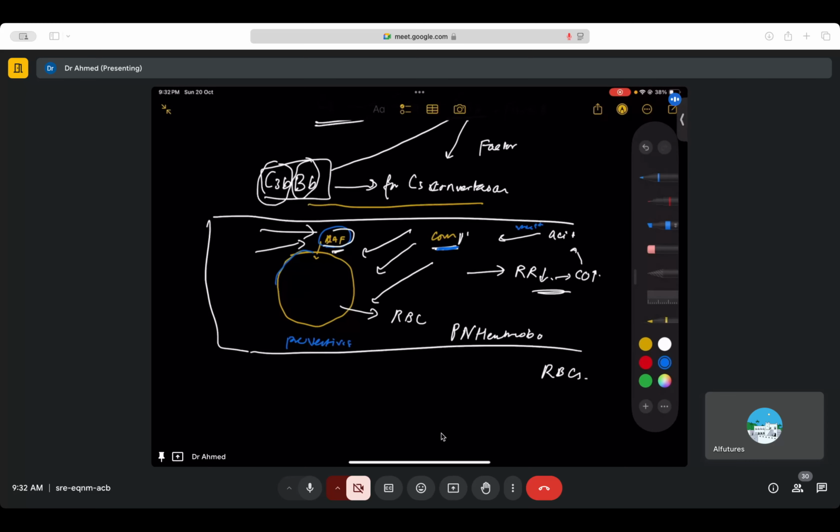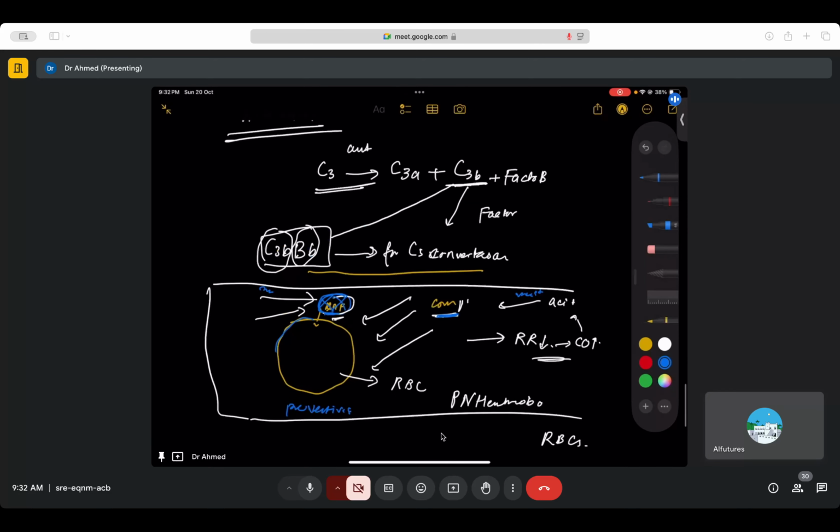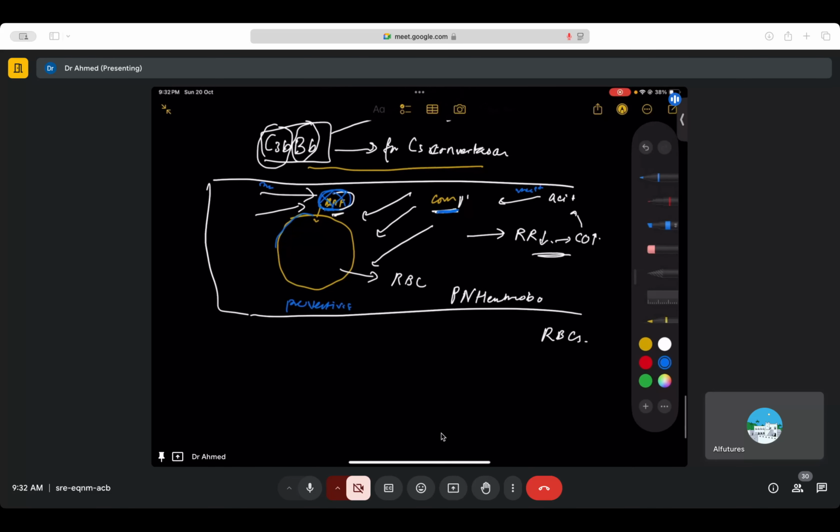In PNH there is a deficiency of DAF, or some mutation in which you are going to see disorganized or non-functional DAF. We'll be discussing the details, but here you must know the concept so that you can relate it to the complement system concept. It's only for relation purposes.